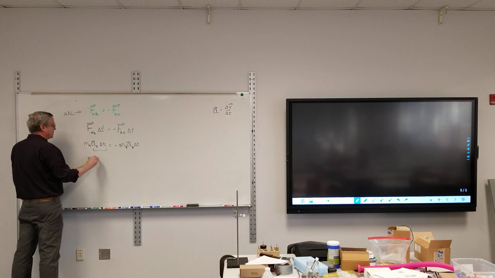If we distribute, I get mass of A VA final minus mass of A VA initial equals negative mass of B VB final plus mass of B VB initial. That's a pain. Be nice if we had some nicer way of doing this.